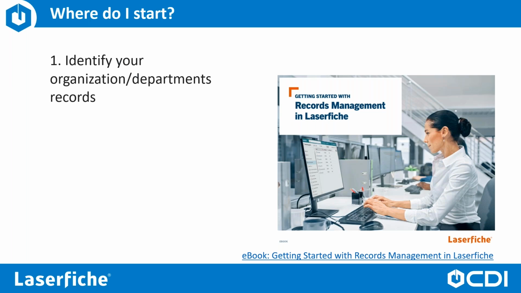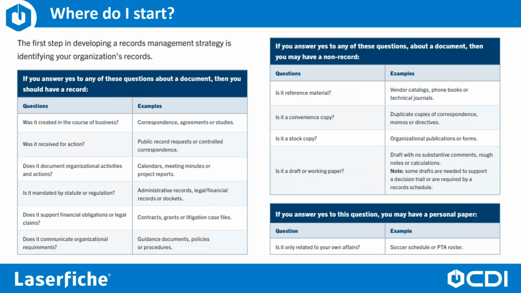So on the GoTo webinar screen, if you take a look at the handouts area, I did actually attach the ebook for getting started with records management. And so if we dig into that, the first step in developing a records management strategy is identifying your organization's records.